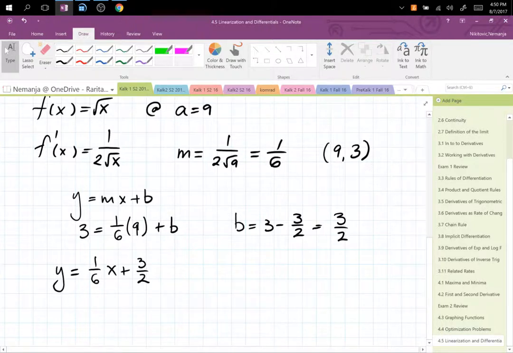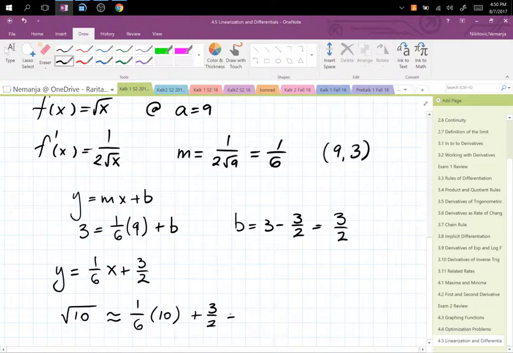So what I'm claiming is that the square root of 10 is approximately equal to 1 over 6 times 10 plus 3 halves. Now, something like this you can actually do without the calculator. Yes? Can you narrow it down even further by using a tangent line just before and just after? But yes, the problem is that we can't take the square roots. That's why we're doing this, right? 9 is the nice place where we take the square root.